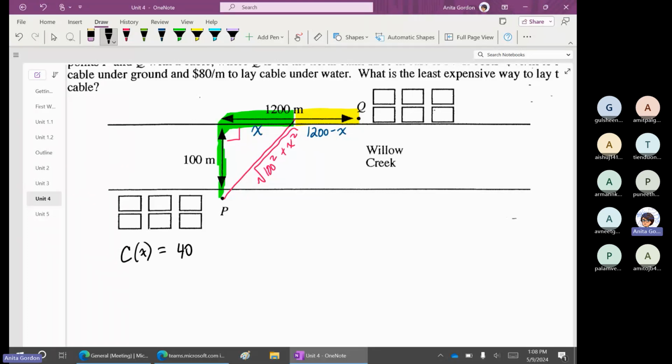So $40 per meter times the amount of meters on land. So this is 1200 minus x, right? And plus 80 times the length it would be underwater, right?